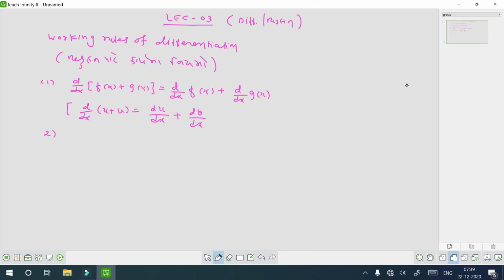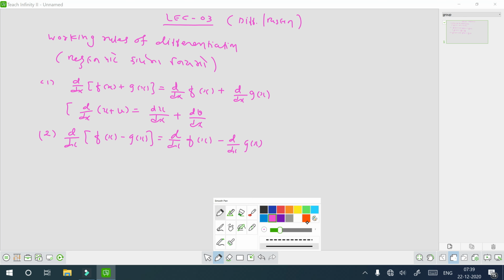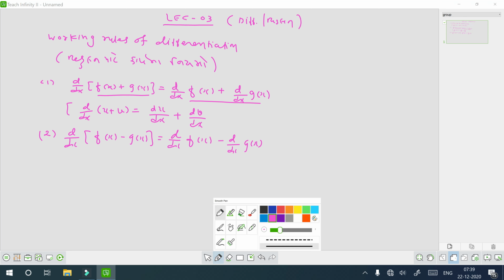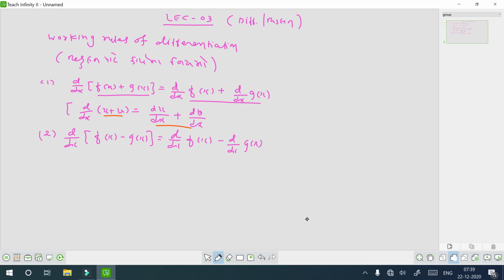Next working rule, difference of two functions f(x) minus g(x). On the same line we can prove it also: d by dx of f(x) minus d by dx of g(x). Whenever a difference is given to us, we can differentiate both terms.